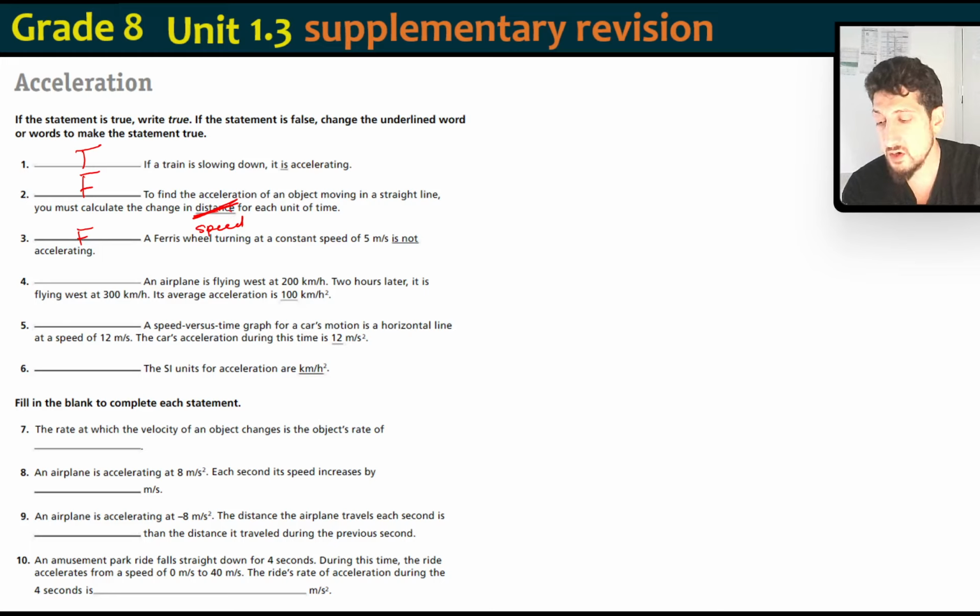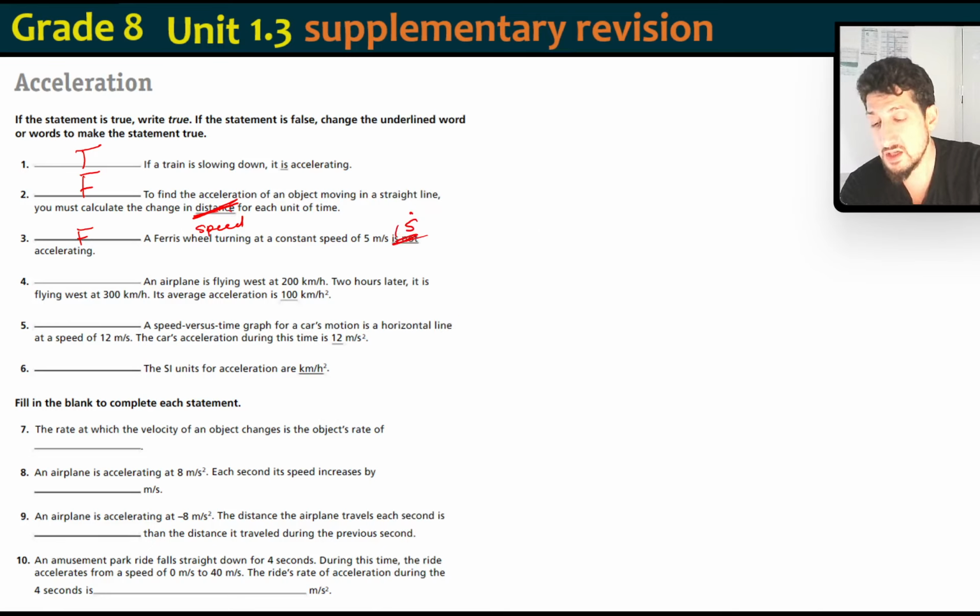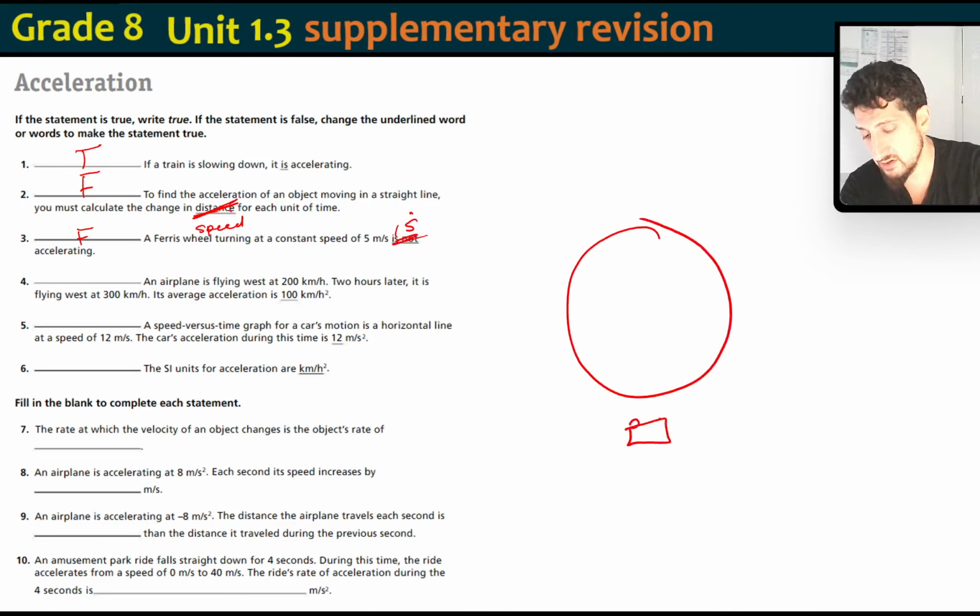It's like a car going around a roundabout, which means, remember what we said? We said there are 3 conditions for acceleration. Either you slow down, or you speed up, or you change directions. So in the case of a car going around a roundabout, if it's moving in one direction at constant speed, it's not accelerating.